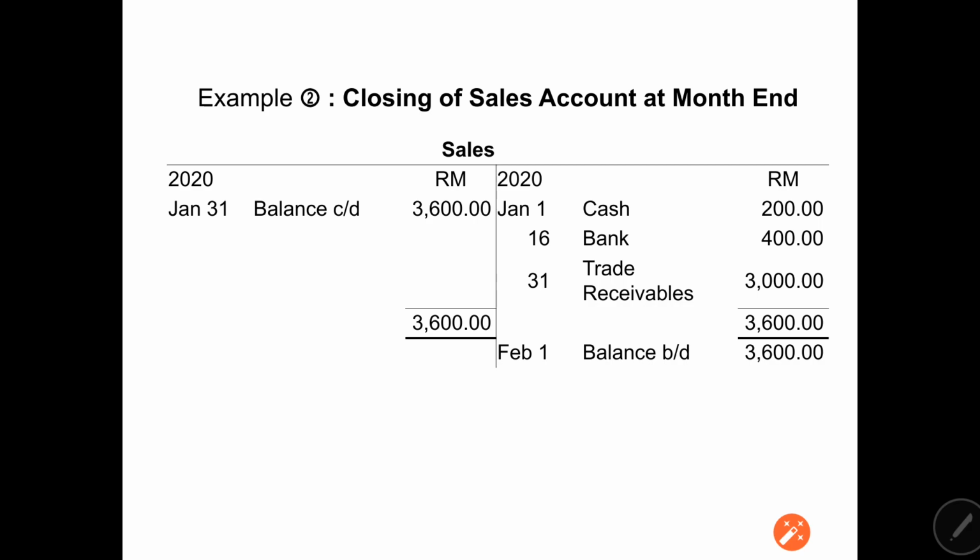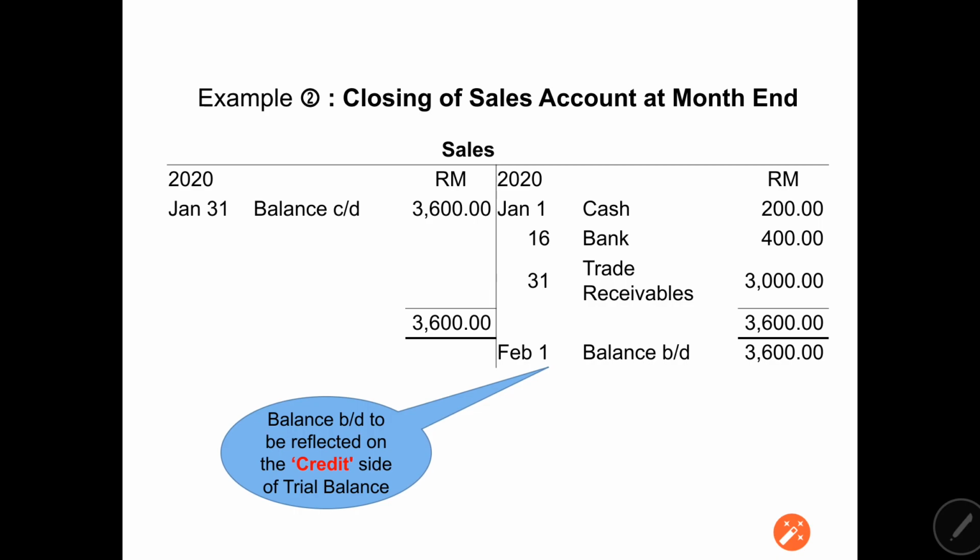That is the closing part, and we bring down to February 1st, 3006 to the right hand side to the credit side. So later on, when you copy into the trial balance, you have to look at the balance BD based on the credit side. OK，因为它的 usual balance 呢，其实就是在 credit column。OK, so remember the credit side of the sales will be on the credit side of the trial balance.